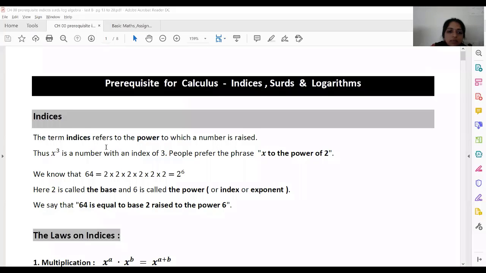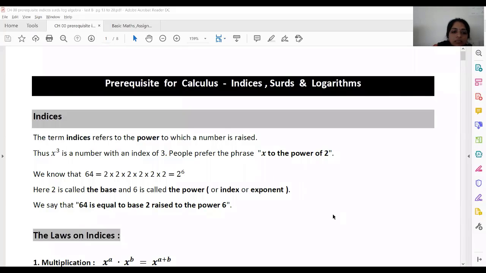It is the power of the number, like how many times the number has been multiplied by itself. Okay, see, the term indices refers to the power to which a number is raised. You both are right.